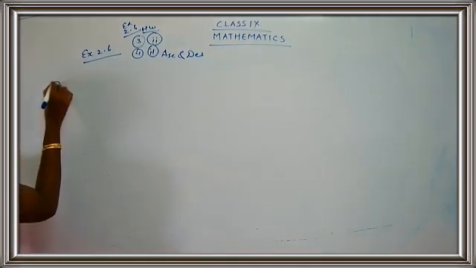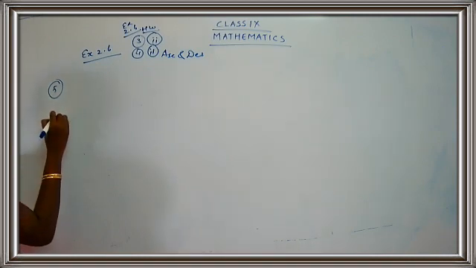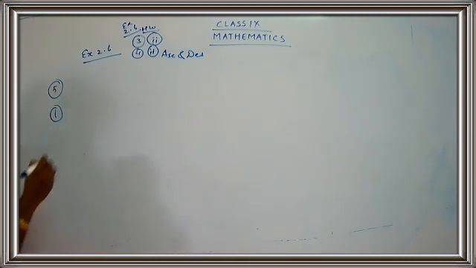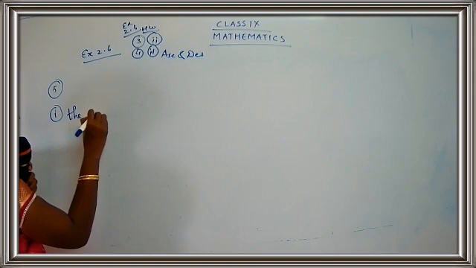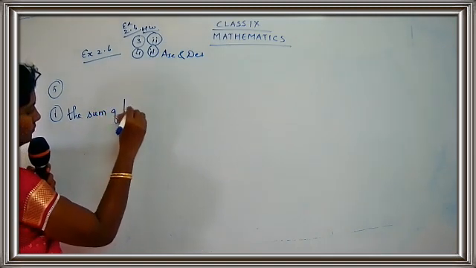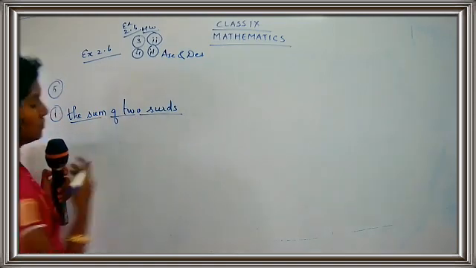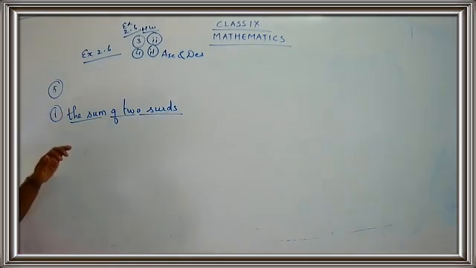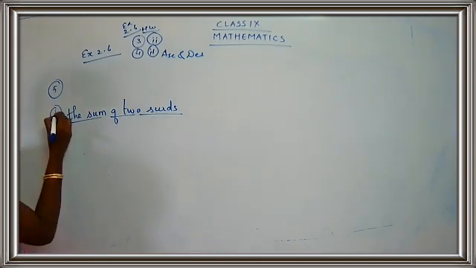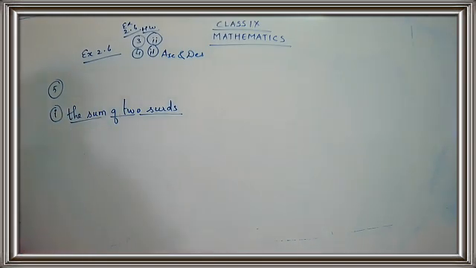So after writing the question, you just give the heading as the sum of two surds. After completing all the question, that is, justify each answer with an example, then you give the heading as the sum of two surds. This number 1, the sum of two surds.